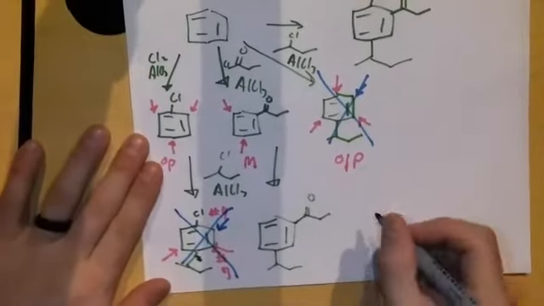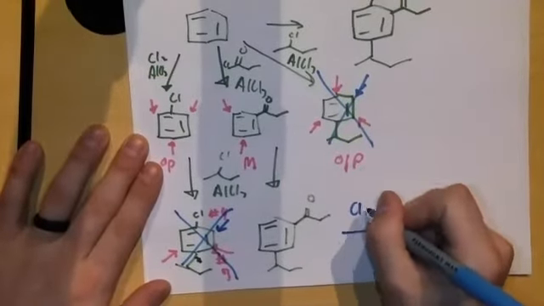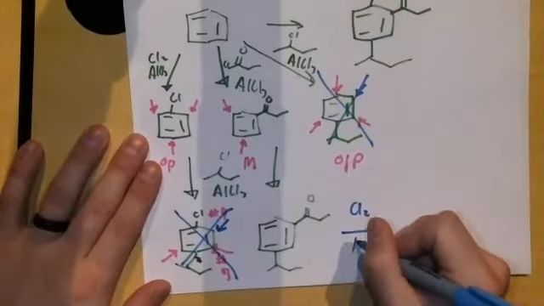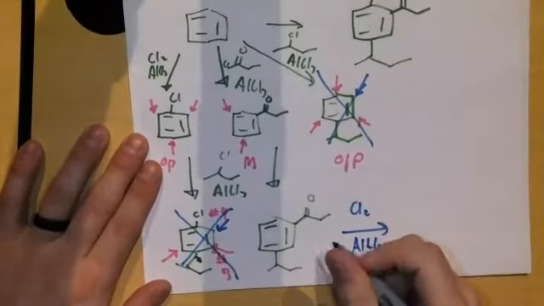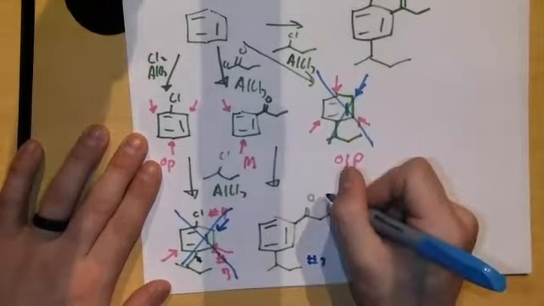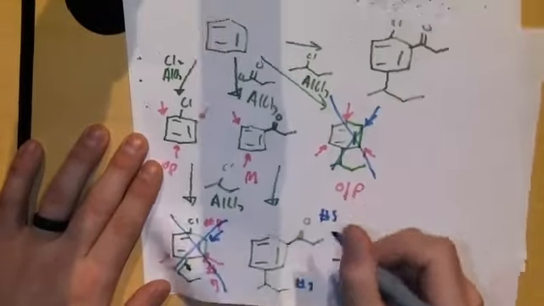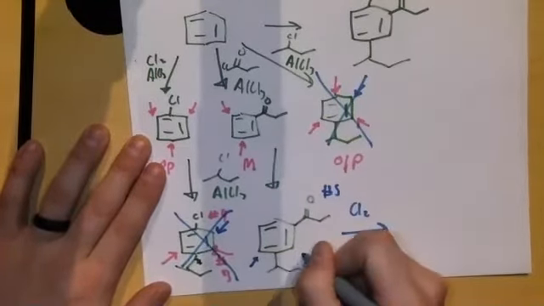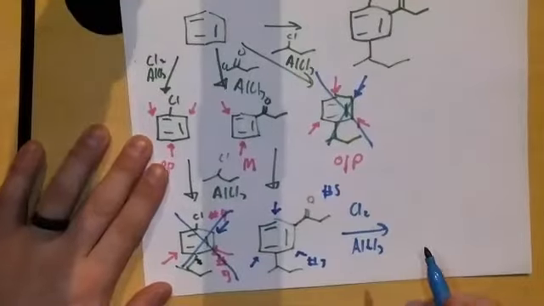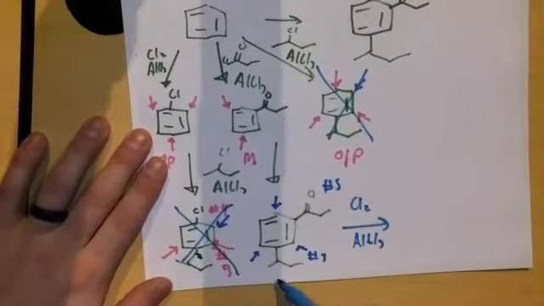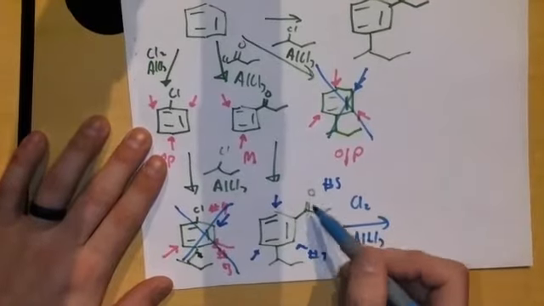So if we take this, we throw in Cl2, AlCl3. This is a group 3. This is a group 5. This is sp3. It's pretty bulky. This one's only sp2. It's a little less bulky.